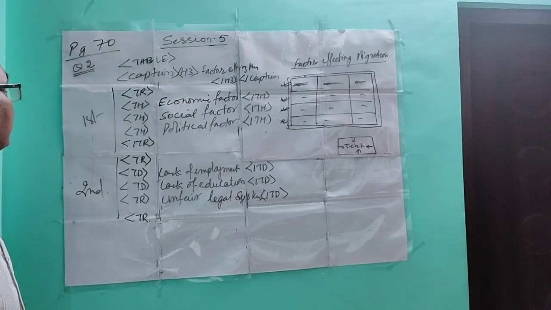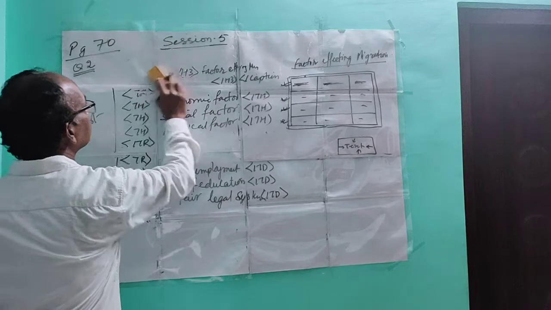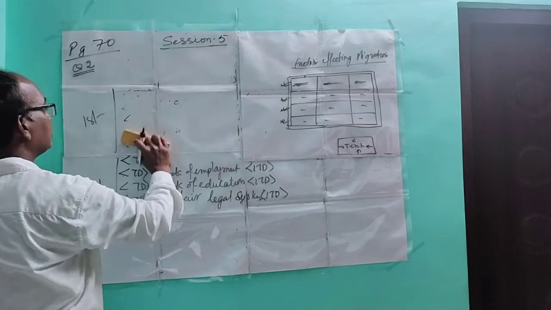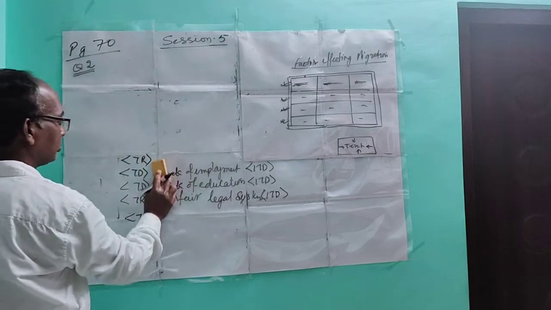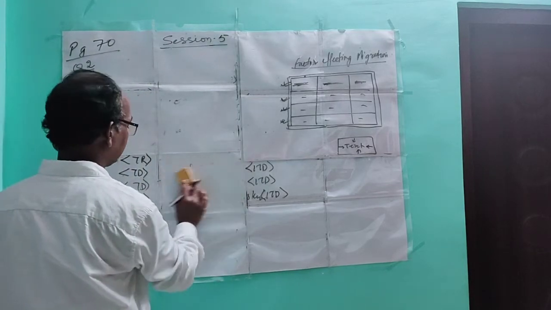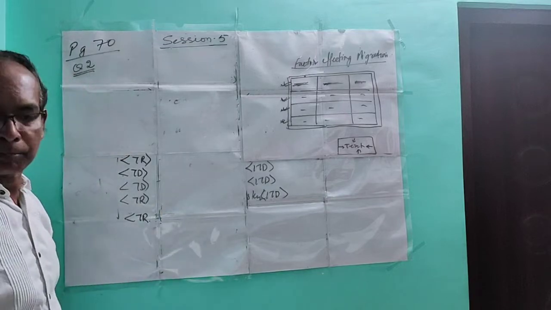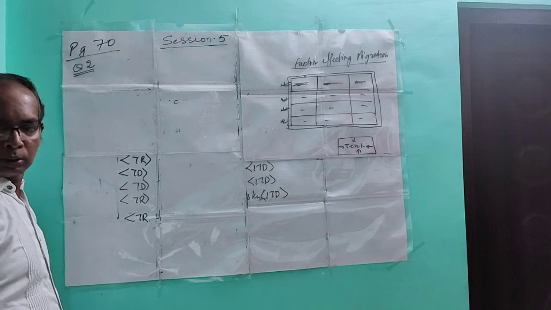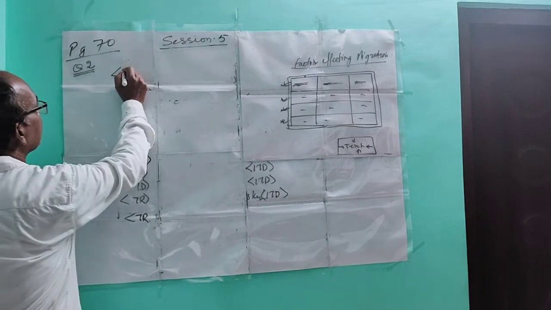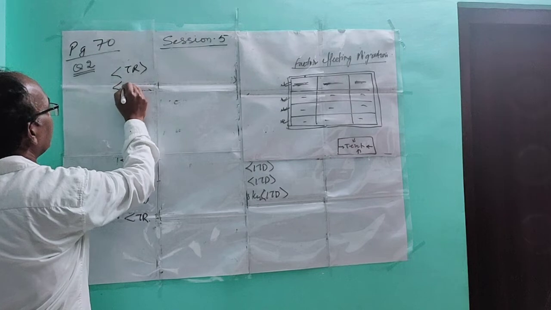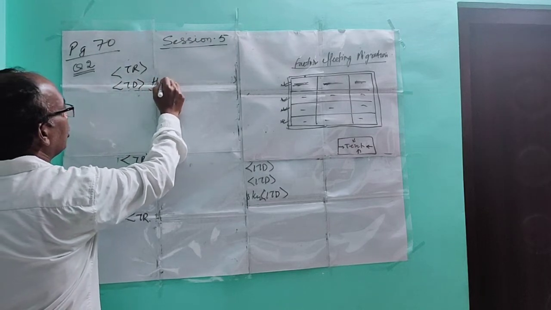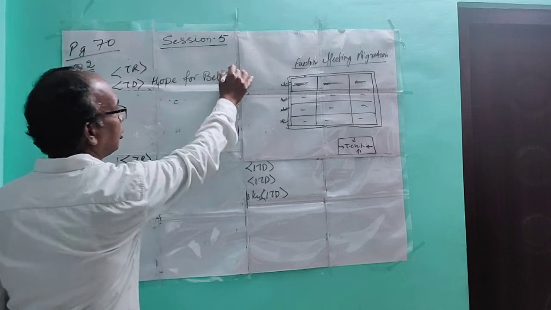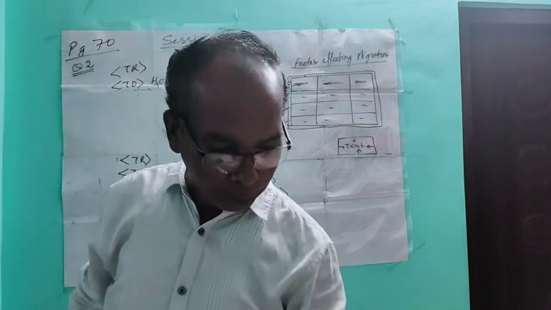Okay. For the third row, TR start for the third row, TD hope for better employment.